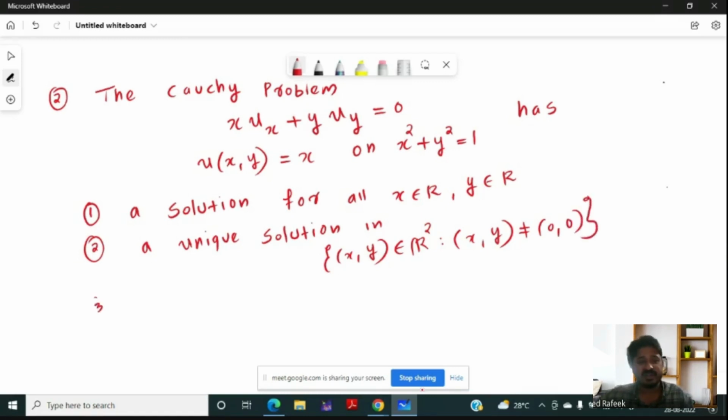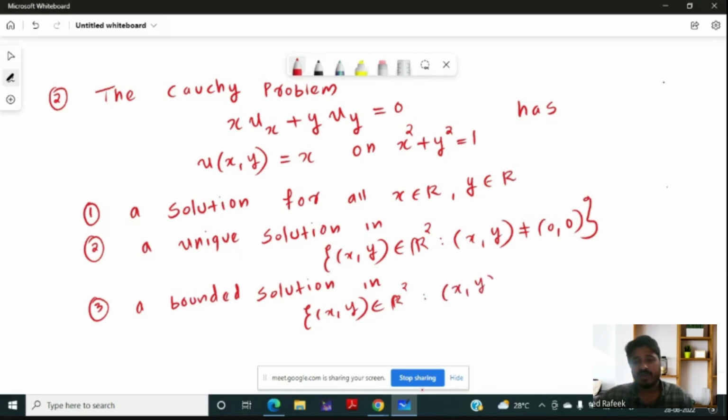Option 3, a bounded solution in the set of ordered pairs (x, y) belonging to R² such that (x, y) is not equal to the origin (0, 0).